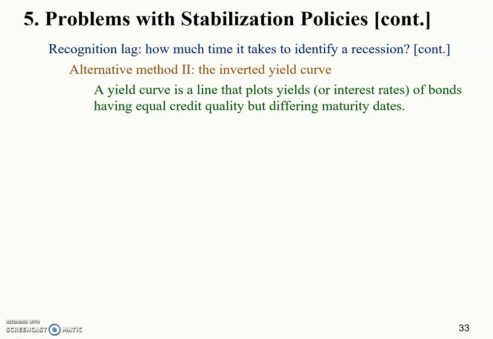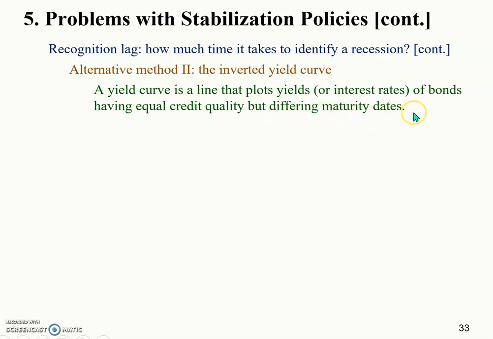For example, if you are purchasing a Treasury bond and it shows it's a 6-month Treasury bond, that means in 6 months the Treasury Department is going to pay you back. For example, if you spend $100 today purchasing that Treasury bond, in 6 months they're going to pay you $100.